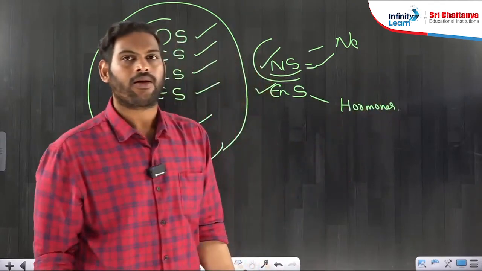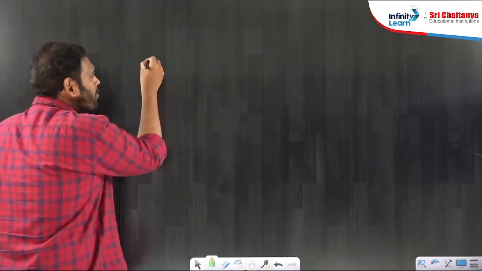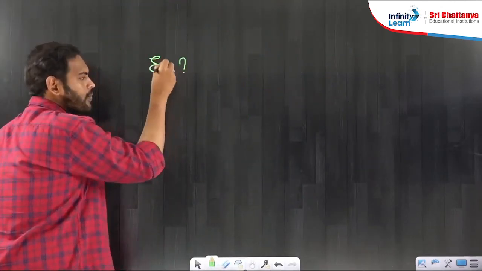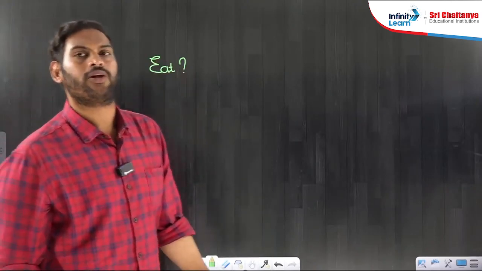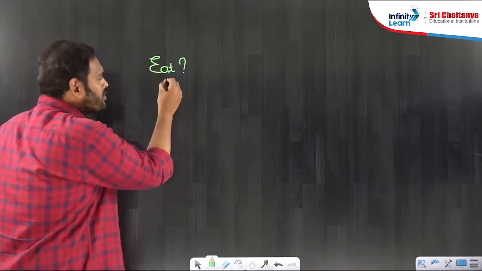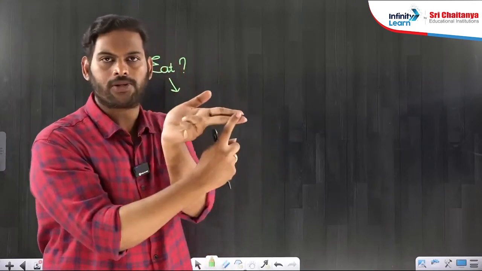Okay. Now going back to the basic question, why should we eat? Many people say that we eat to live. Some people have this opinion that we live to eat. All of us may fall into one of these two categories. We live to eat or eat to live. That's up to you. So why should we eat to live? Your food consists of biomolecules: carbohydrates, proteins, lipids.